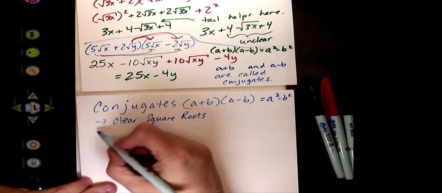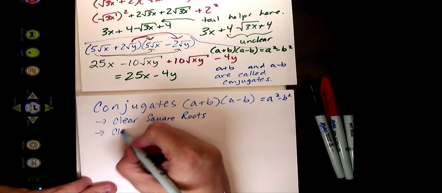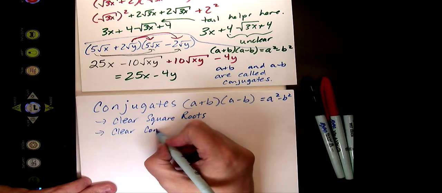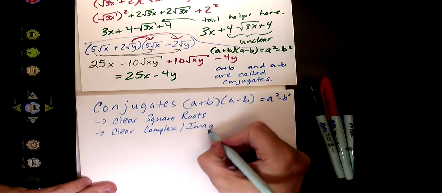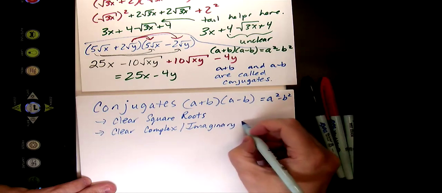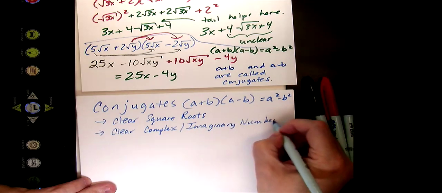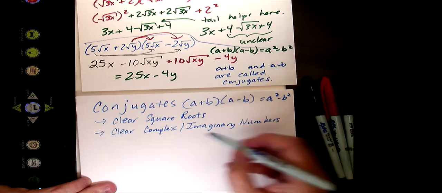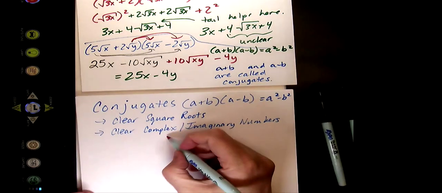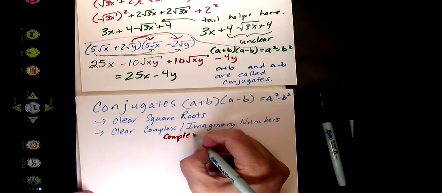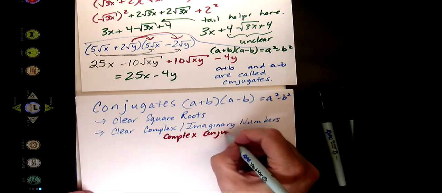They will also clear complex or imaginary numbers, as we're going to do in a little bit. When complex numbers are involved, they call it complex conjugates. But it's the same idea and it works the exact same way.